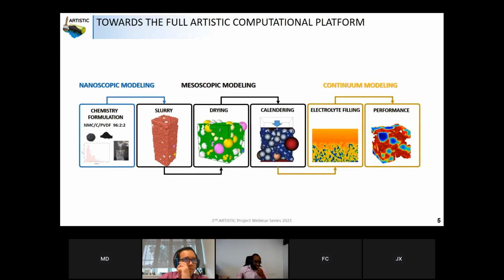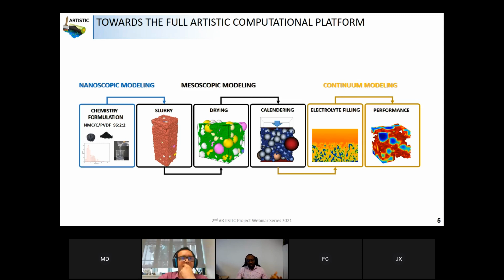As I told you, we have the workflow of the project starting from the slurry through the performance. The thing I want to point out is that for the modeling, we start from the experimental information as input, such as the chemistry, the formulation, and so on.